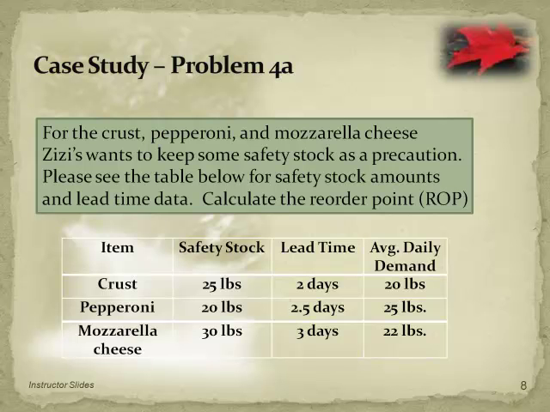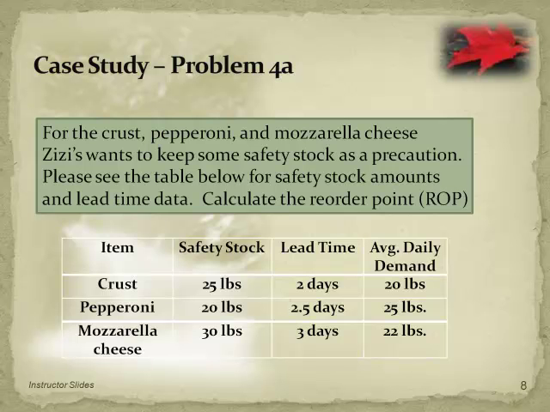So, for the three ingredients in our pizzas, crust, pepperoni, and mozzarella cheese, Zzz's wants to keep some safety stock as a precaution to make sure that we don't run out. So we want to calculate what the reorder point will be, including the safety stock for these three ingredients.